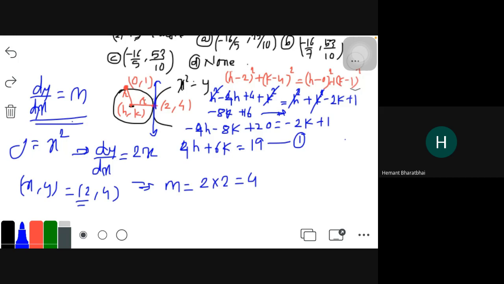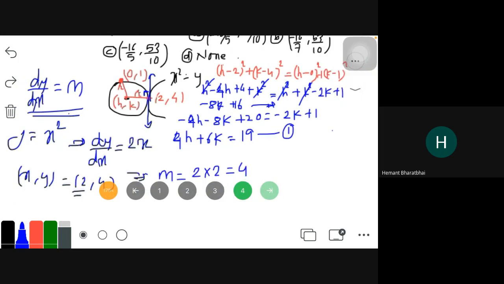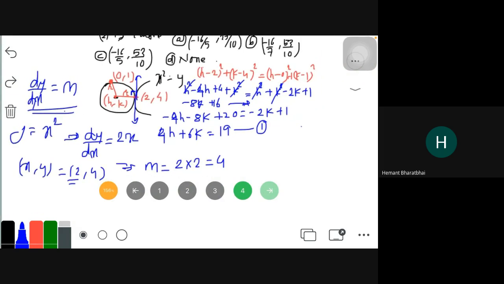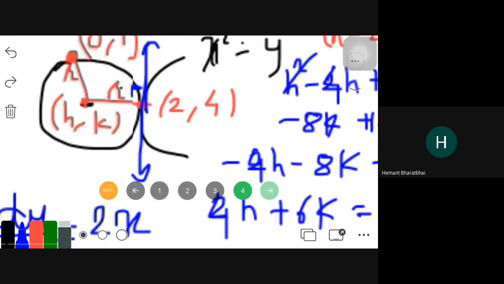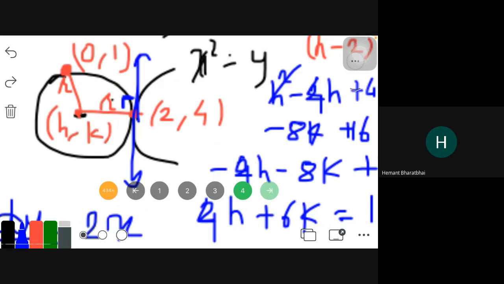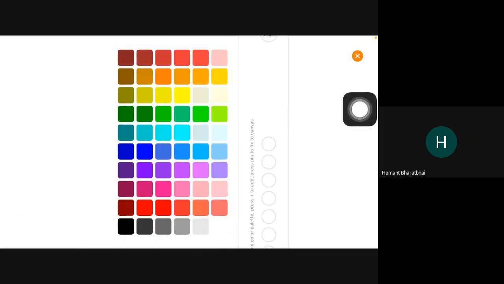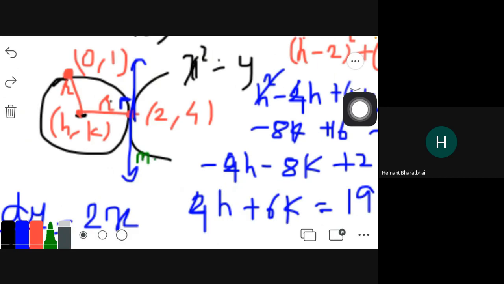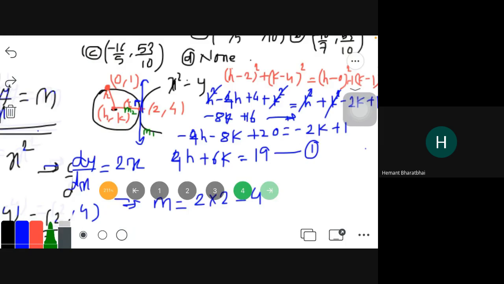And if you see this, we know the radius is perpendicular to the tangent. If I denote the slope of the tangent as m1 and the slope of this as m2, we know the radius is always perpendicular to the tangent, hence m1 into m2 is equal to minus 1.